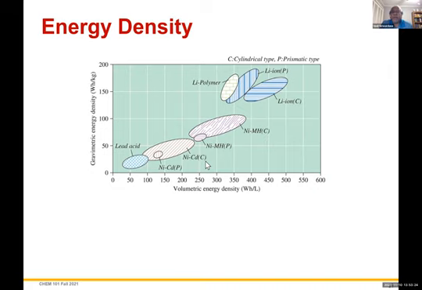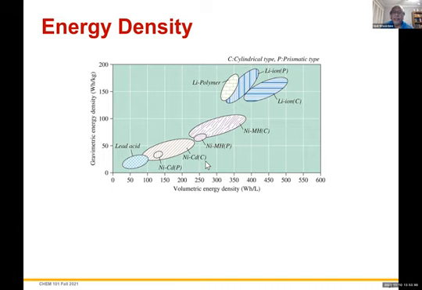But the best batteries for energy densities, on the upper right, top right, are lithium polymer batteries. These are the main ones that are used in Tesla and other devices, power tools.